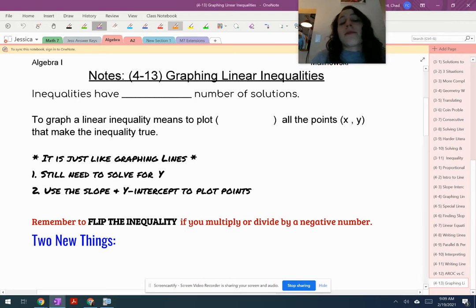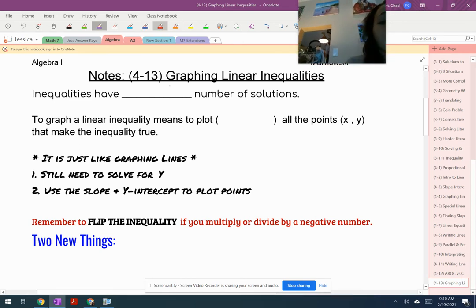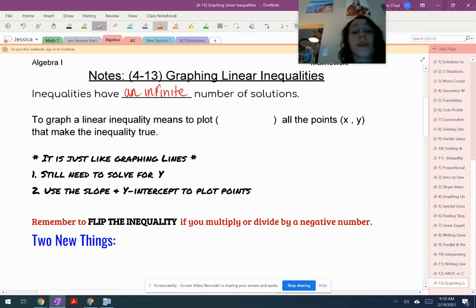Inequalities, as you might remember from previous lessons, have an infinite number of solutions, and that's what makes them unique compared to equations.